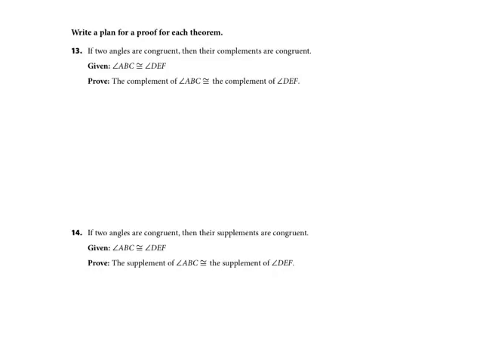It is important to build a plan. So, I know that the complement of angle ABC is going to be 90 minus the measurement of angle ABC. The complement of angle DEF is going to be 90 minus the measurement of angle DEF.